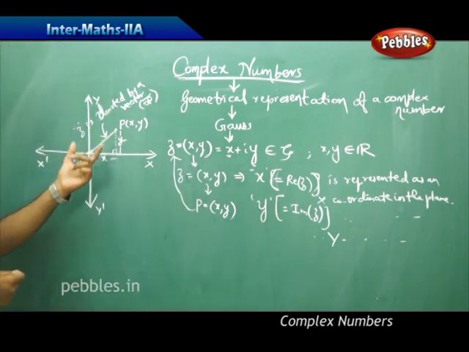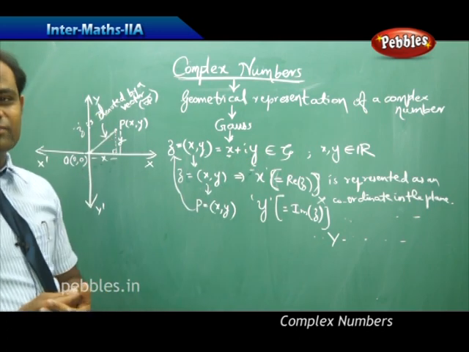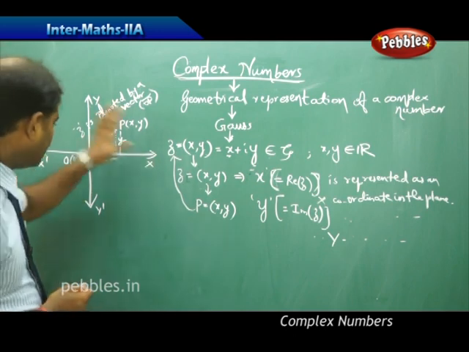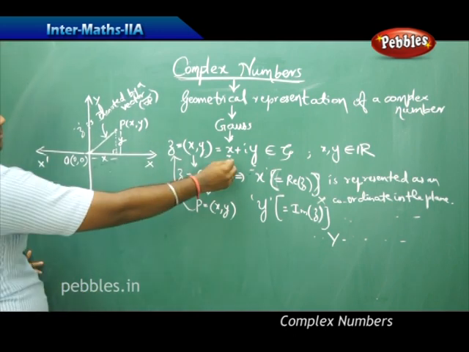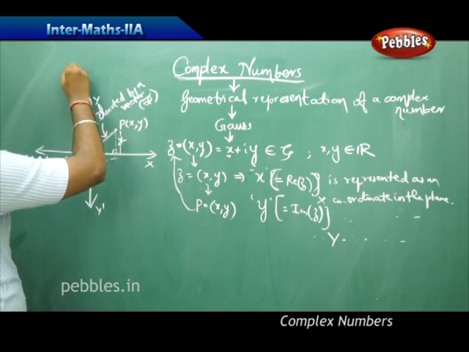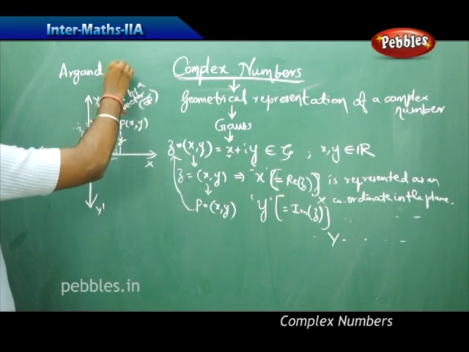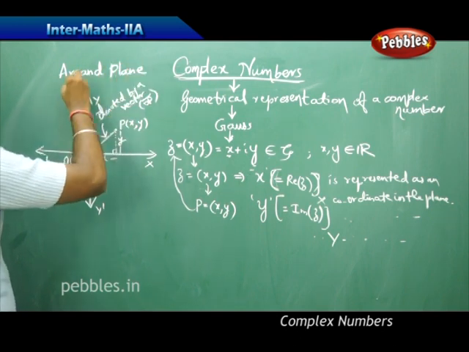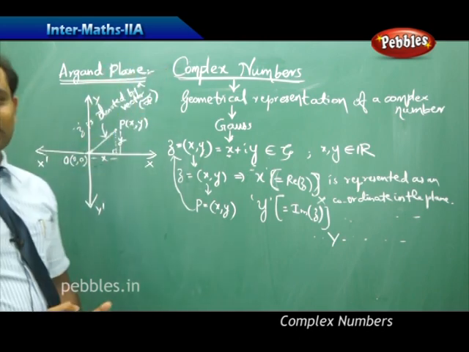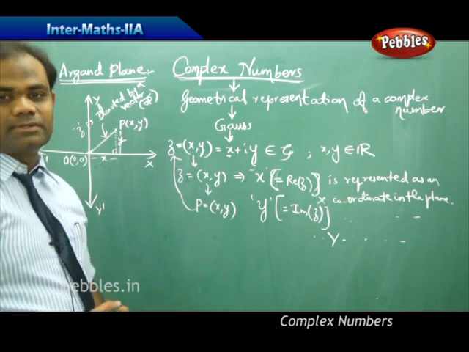So this kind of representation of a complex number in the form of P(x, y) in the plane is called Argand plane. The plane on which I use the complex number coordinates in representation here is called Argand plane. It's not a real xy coordinate system, but it is an Argand plane because the complex numbers are taken in the coordinates form to be represented.